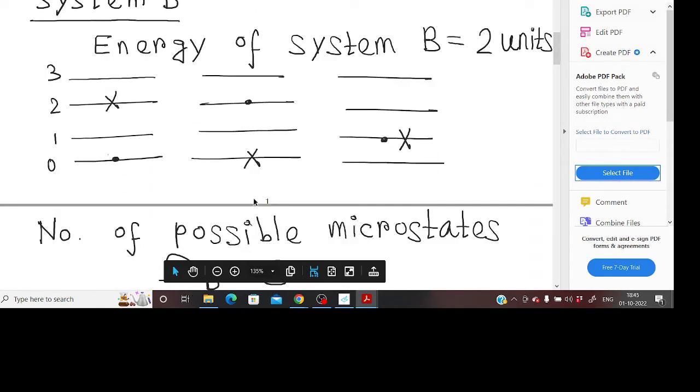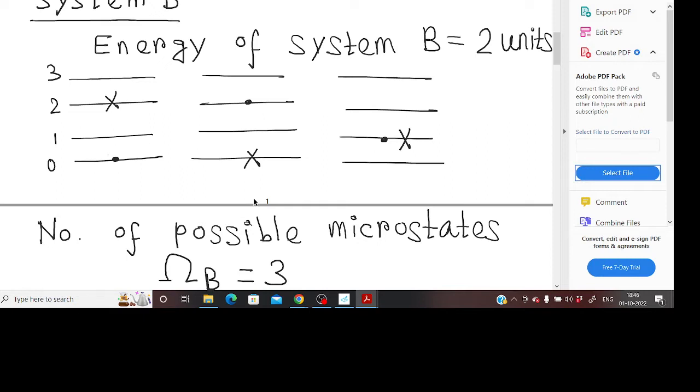Now for system B, what happens? The energy is 2 units. Again, there are two particles, and we denote the first particle with a dot and the second particle with a cross, as they are distinguishable, right? So you can place the first particle with energy 0 units and the second particle with energy 2 units.